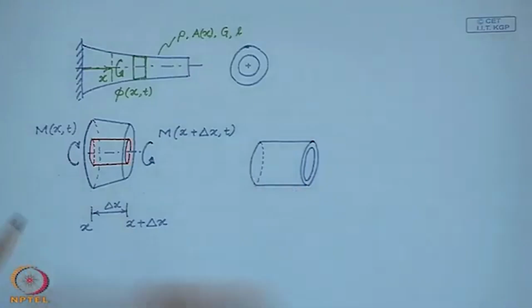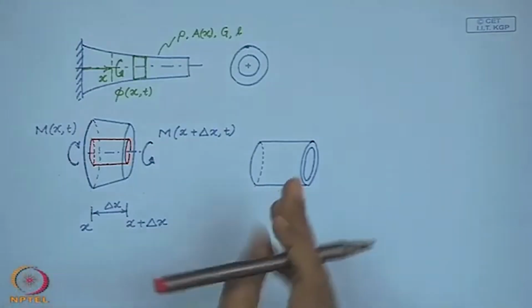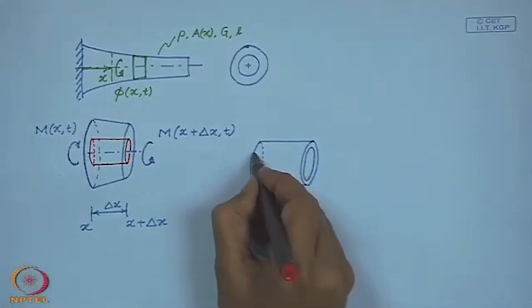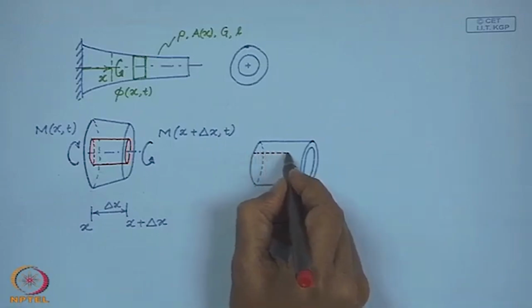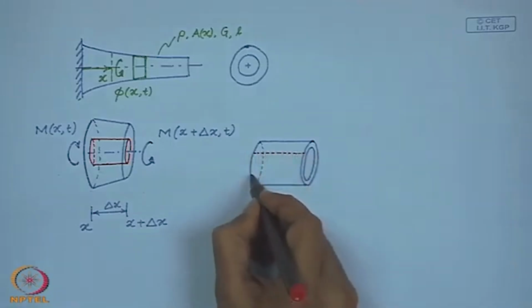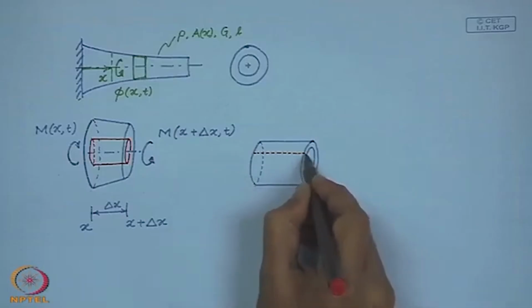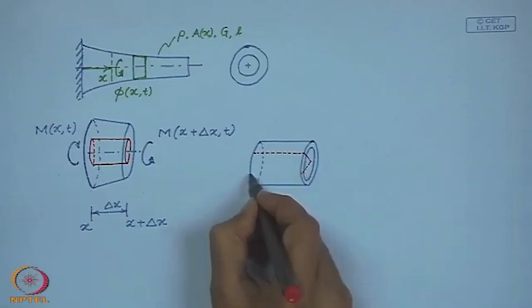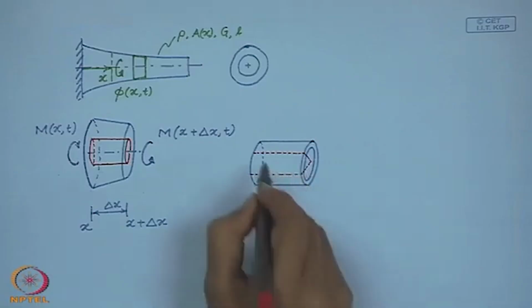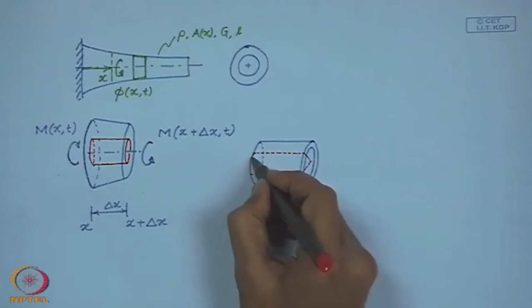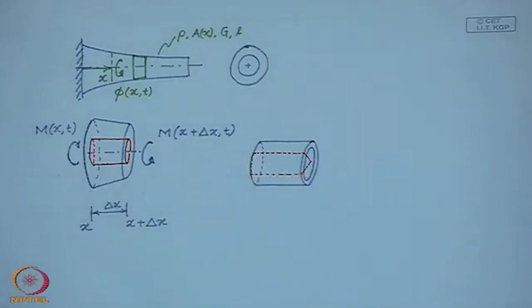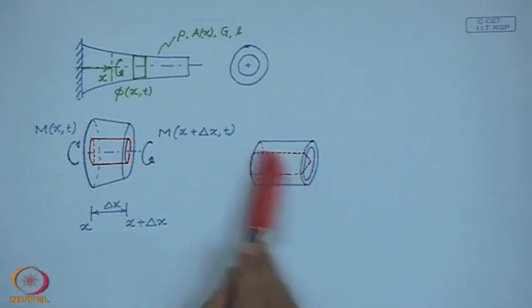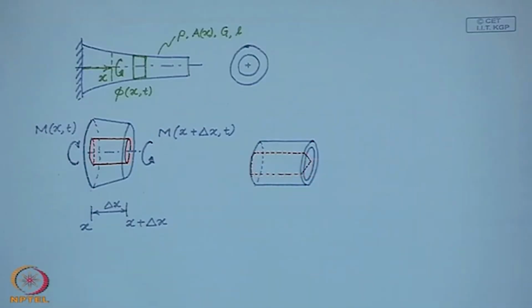Now, consider in the undeformed ring two axial lines like this and the corresponding radial lines here.